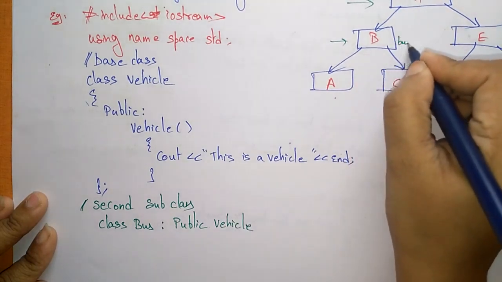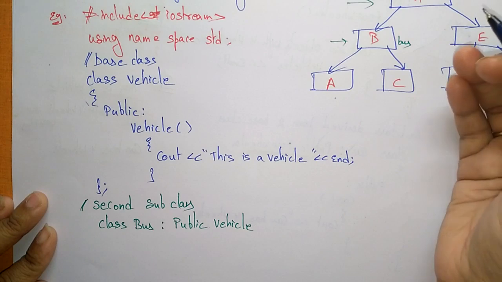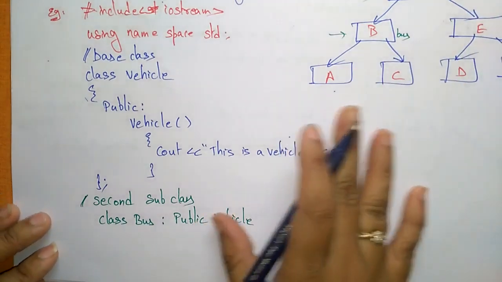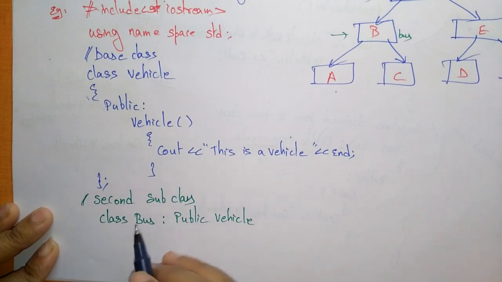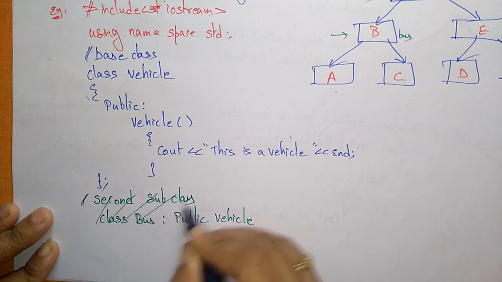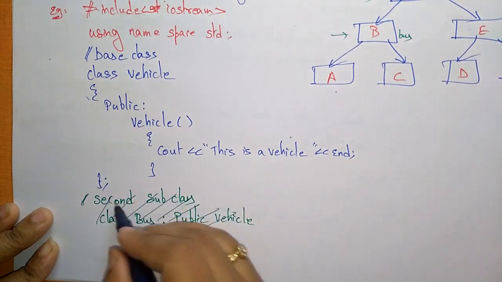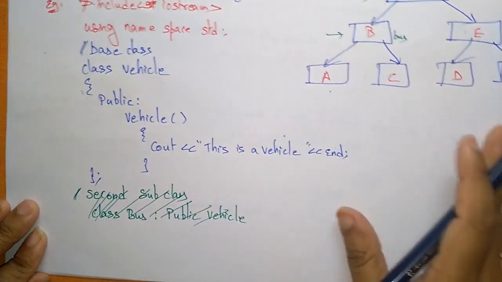Another is something like a car, whatever it may be, you just take that. I'm sorry, a small mistake. I didn't write the first subclass. Instead of writing the first subclass, I am writing the second one.